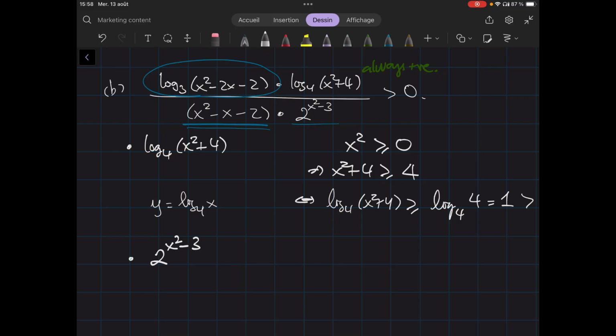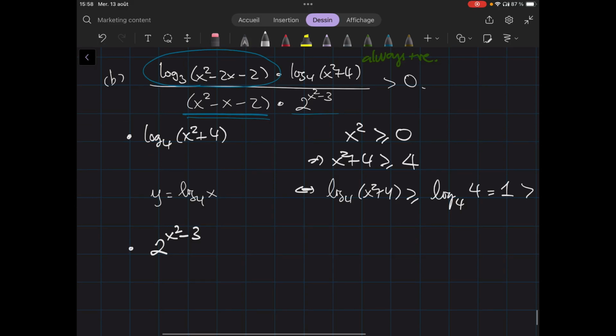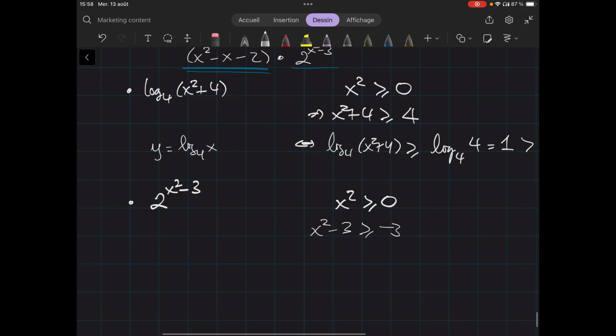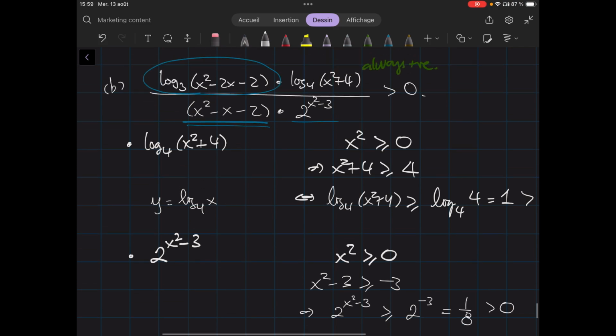You don't need to prove this, but if you wish, we'll start with the same line, and you'll come to the conclusion that 2 to the x squared minus 3 has to be greater or equal to 2 to the negative 3, or 1 by 8, which is positive. So in essence, this term is positive, that term is positive.